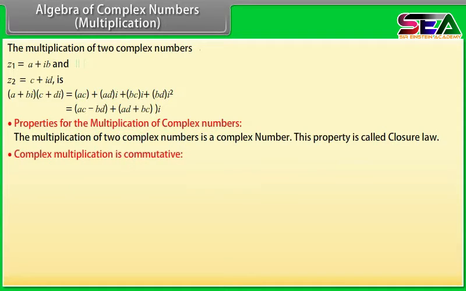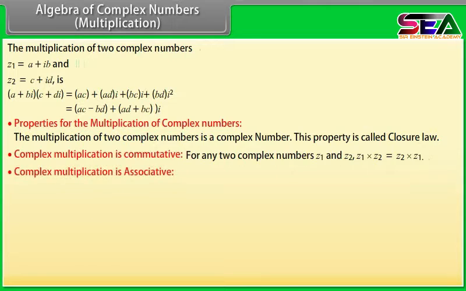Complex multiplication is commutative. For any two complex numbers Z1 and Z2, Z1 into Z2 is equal to Z2 into Z1. Complex multiplication is associative. For any three complex numbers Z1, Z2, Z3, (Z1 into Z2) into Z3 is equal to Z1 into (Z2 into Z3).